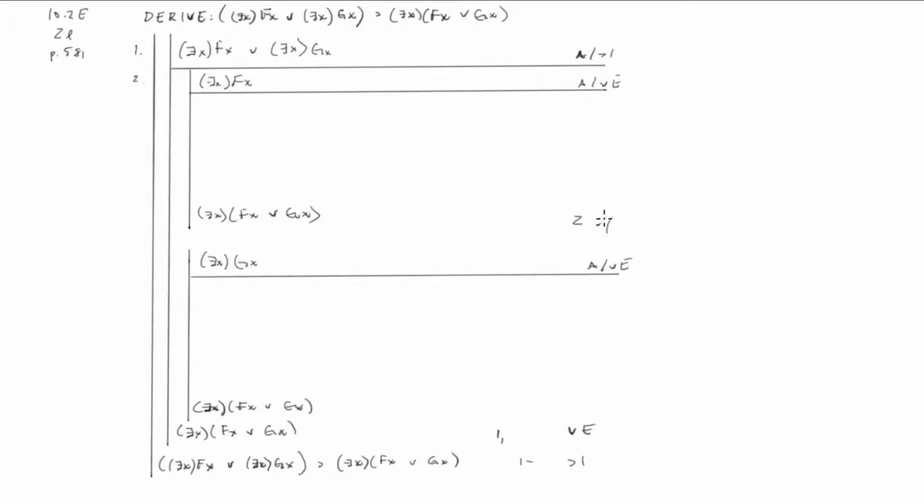The reason is that wedge introduction gives us sentences whose main connective is a disjunction sign. And if we look at our target sentence, the main operator is the existential quantifier. So we can't move from 2 to this new target by wedge introduction. Wedge introduction simply wouldn't give us an existential generalization. It'll give us a disjunction, but this isn't a disjunction, it's an existential generalization. So how are we going to do it?